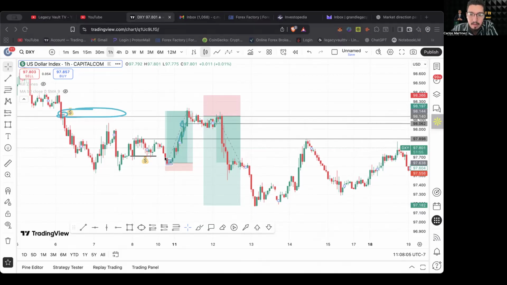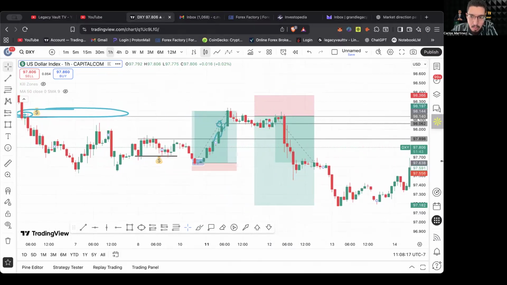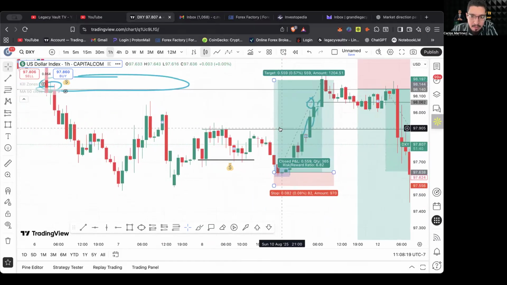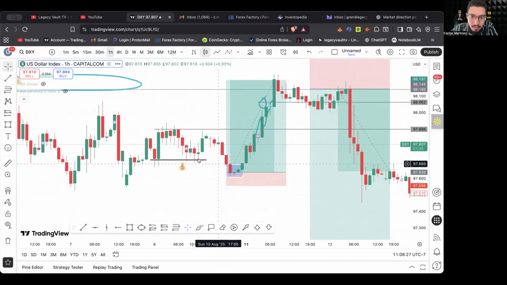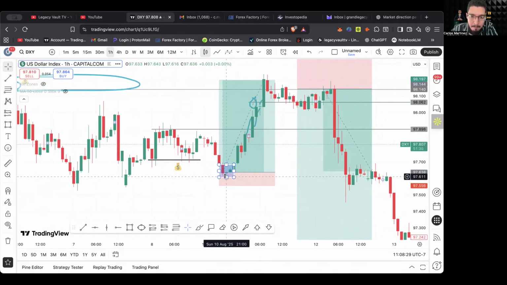Or price dips below the equal lows, just like in this example, in this buy, to grab liquidity before it rallies up. That's exactly what happened here. The institutions push price down to liquidate these equal lows to take out this liquidity before the rally up.